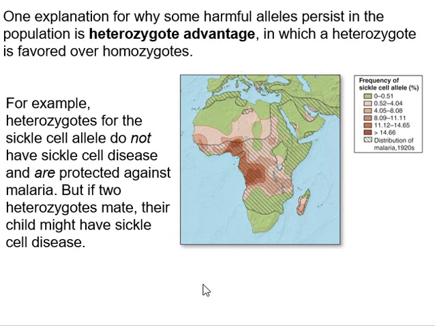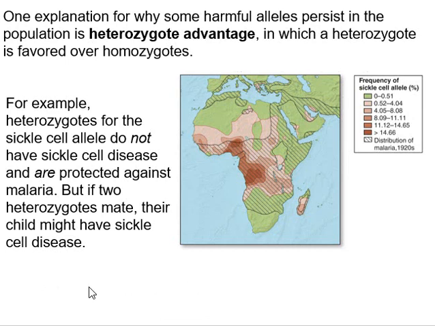Now, if you're a carrier for the sickle cell, that means you don't have sickle cell anemia because it's a recessive trait, and you would have to have two recessive alleles to display it. Now, two recessive alleles in sickle cell anemia is often fatal before reproductive age.